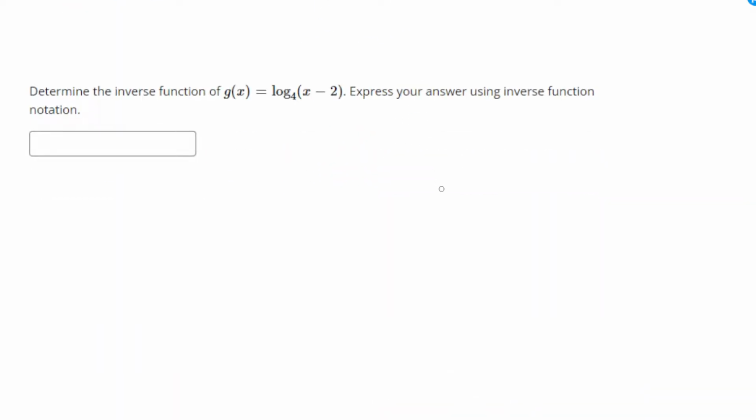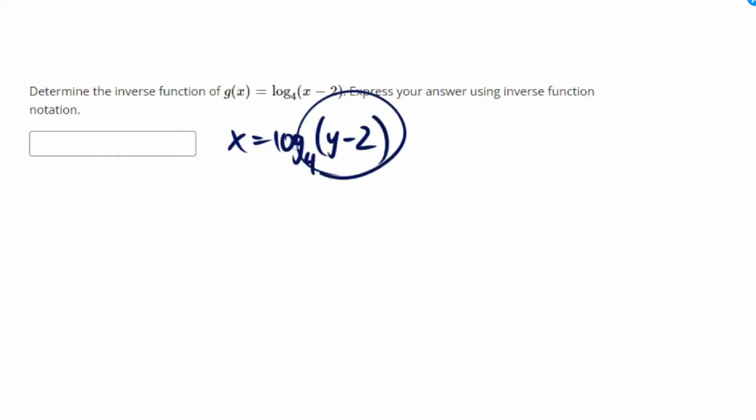This one's a little bit different. Determine the inverse function of g of x equals log base 4 of (x minus 2), and express our answer using inverse function notation. Again, we'll switch to x and y, so we'll have x equals log base 4 of (y minus 2). These parentheses are important.